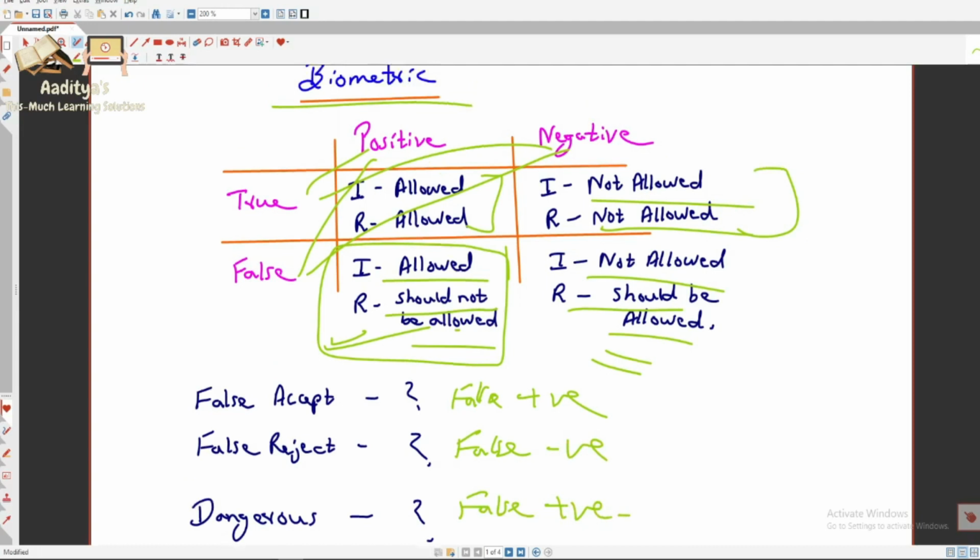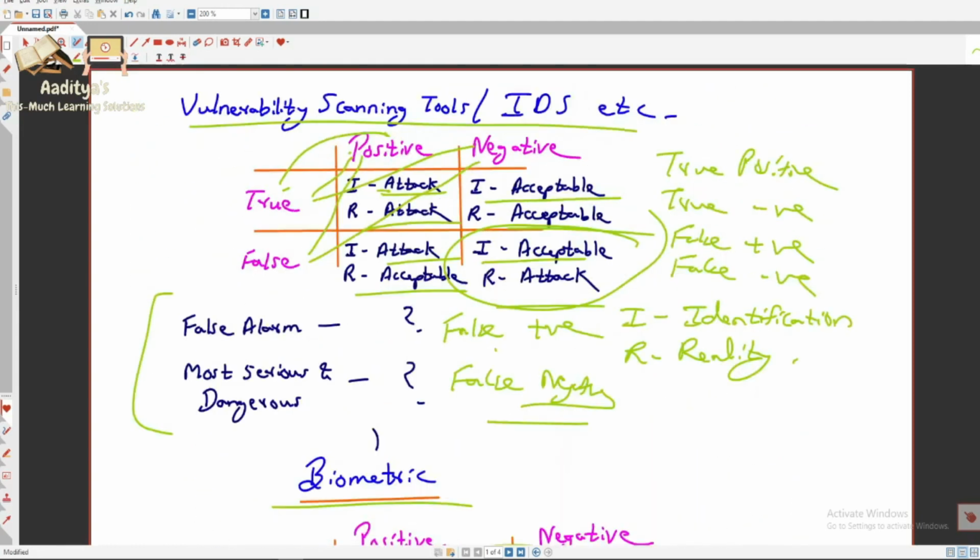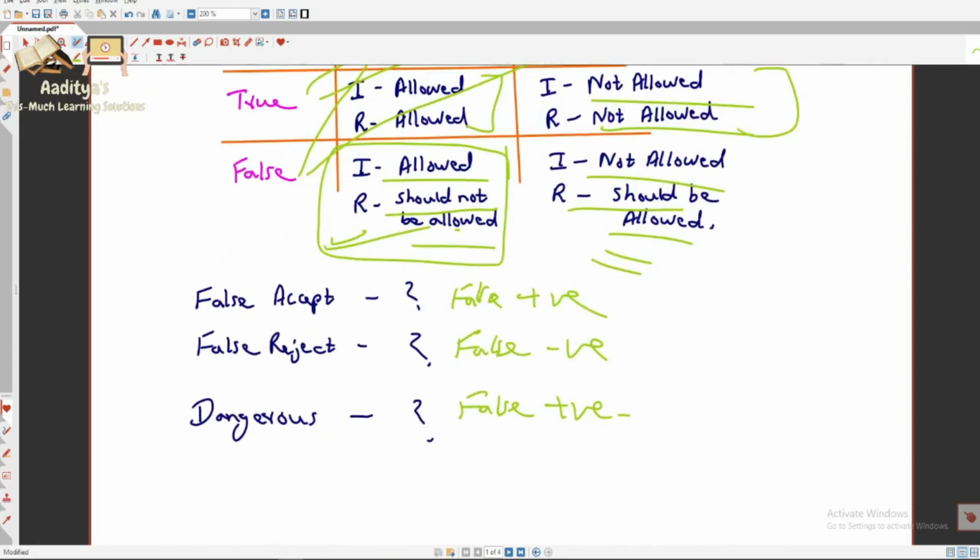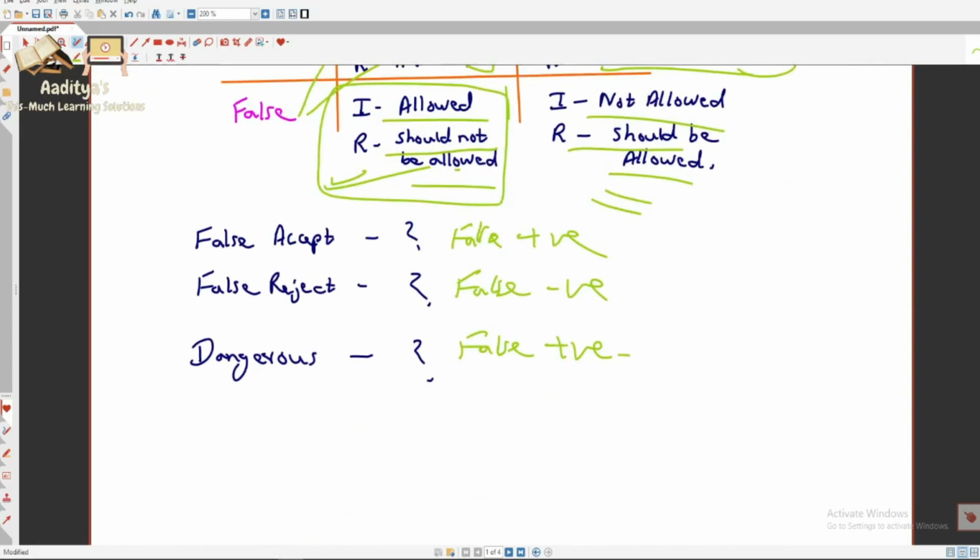So the question is vulnerability scanning tools or IDS, the answer will be false negative, as more risky, most serious, more dangerous. I mean, where the ISO auditor will have the most concern. The biggest concern for an IS auditor, in case of IDS or the scanning tools, will be false negative, but in case of biometric it will be false positive.